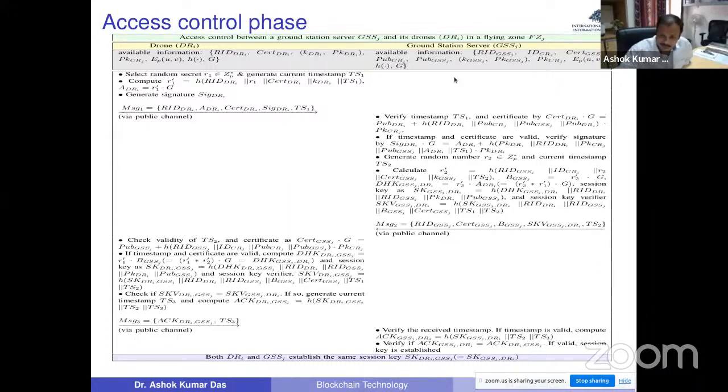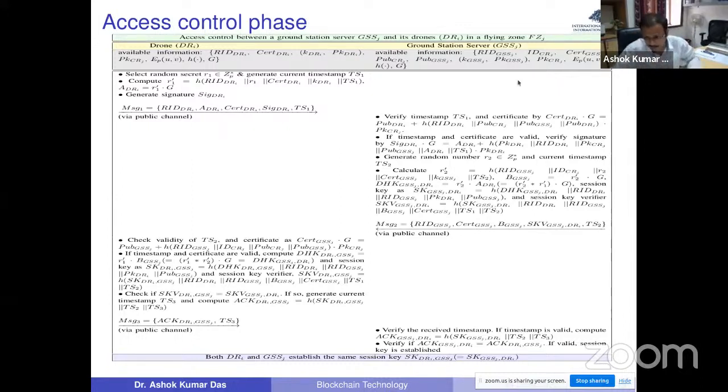After receiving this message, the GSS will verify the timestamp. If the timestamp verification is valid, that means the message is fresh and a replay attack is not performed. That was the sole reason for using the timestamp, to protect against replay attacks. Then it will verify the certificate.